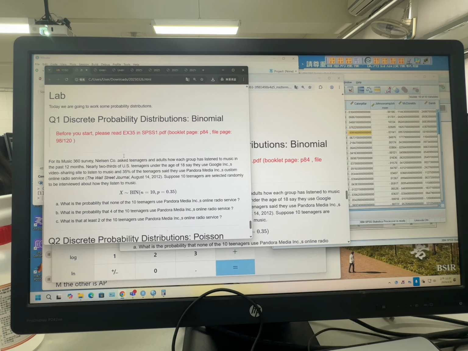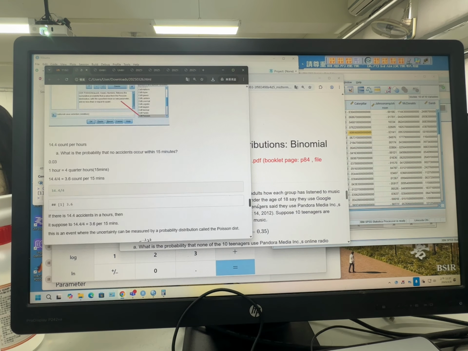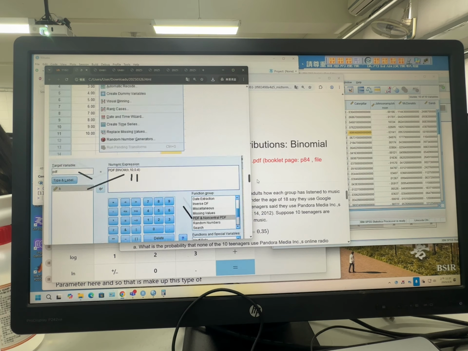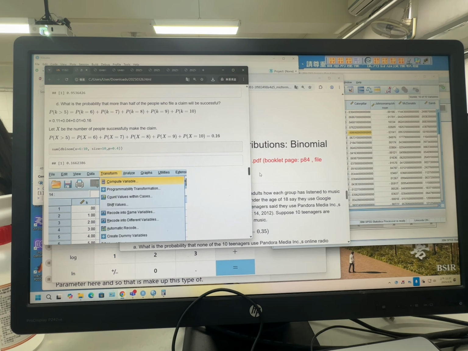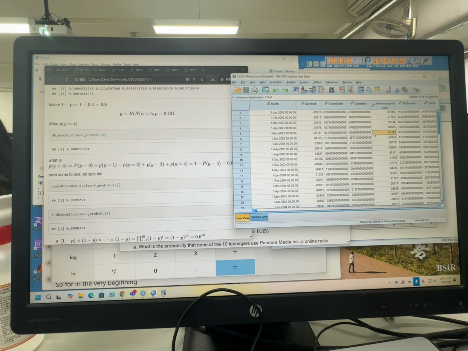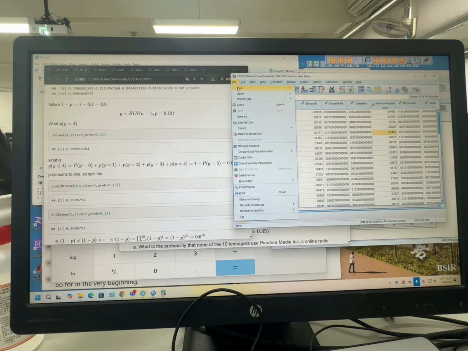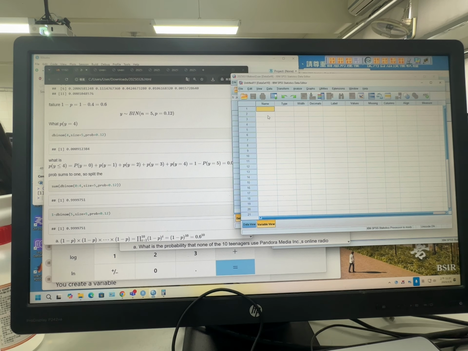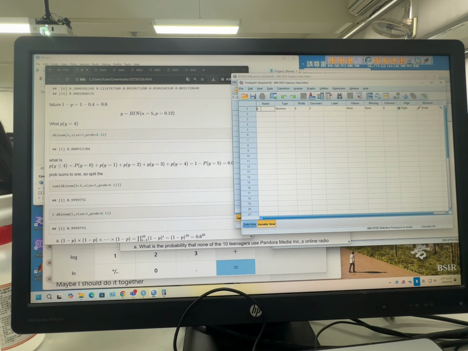Okay, so to answer the question, you need to specify the two parameters here. So that makes up this table. In the very beginning, you create a variable called x. Maybe I should do it together. This one's the binomial.